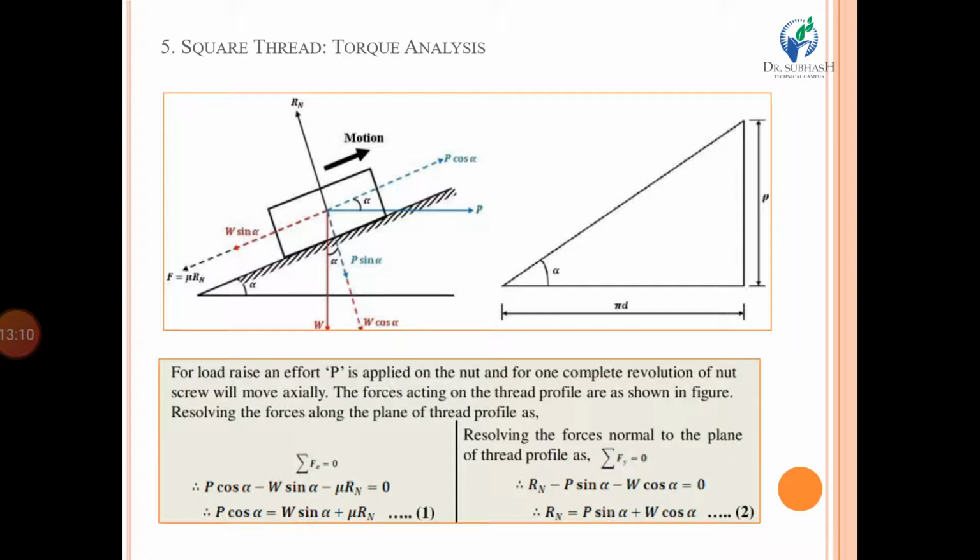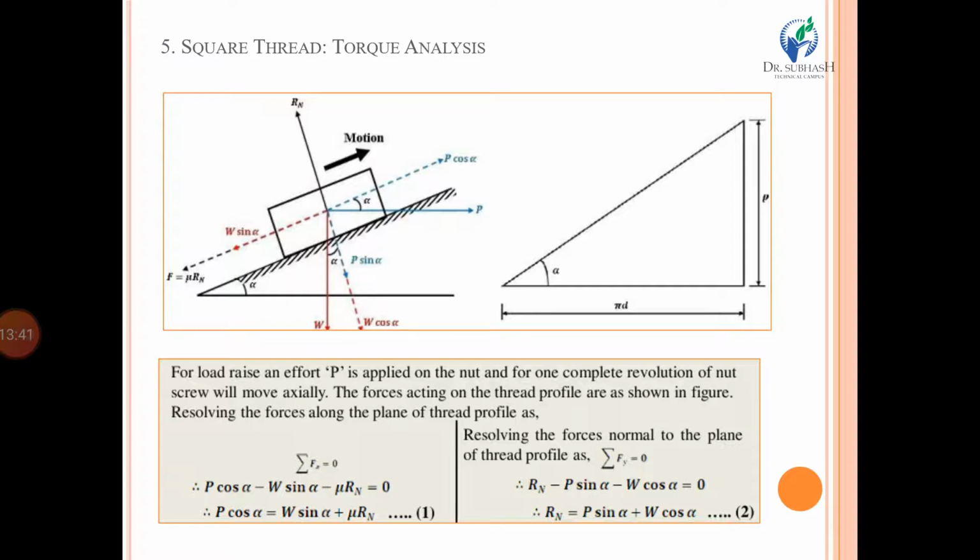First of all, to calculate torque, we need the value of effort P that is required at the end of the lever. So for calculation of that force P, look at the diagram carefully. You will have four forces, and you just need to resolve all those forces in the horizontal and vertical planes. On the bottom side we have resolved in the horizontal direction, whereas on the right-hand side we have resolved all forces in the vertical plane.